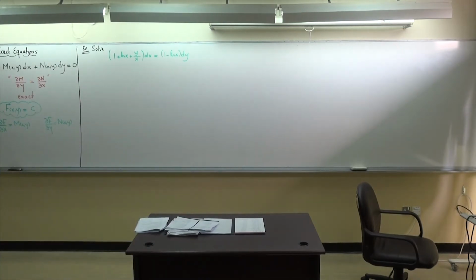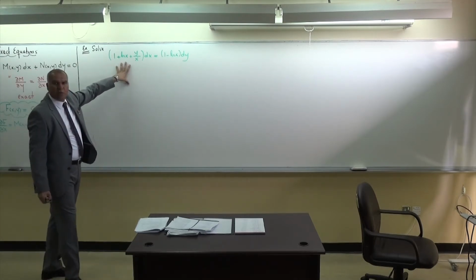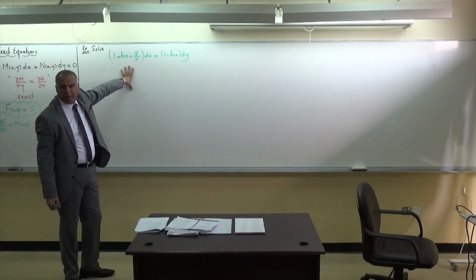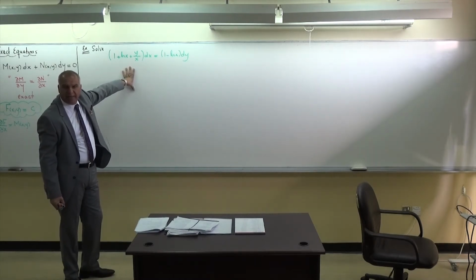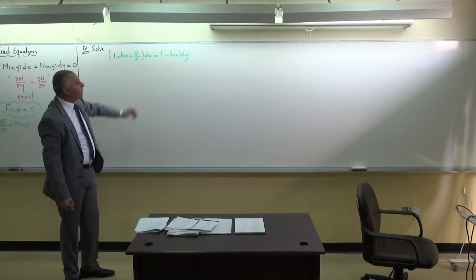Now you take the differential equation and you want to solve it. It could be separable, it could be homogeneous, it could be exact. As you can see, this differential equation is not separable. You cannot separate the variables, right?